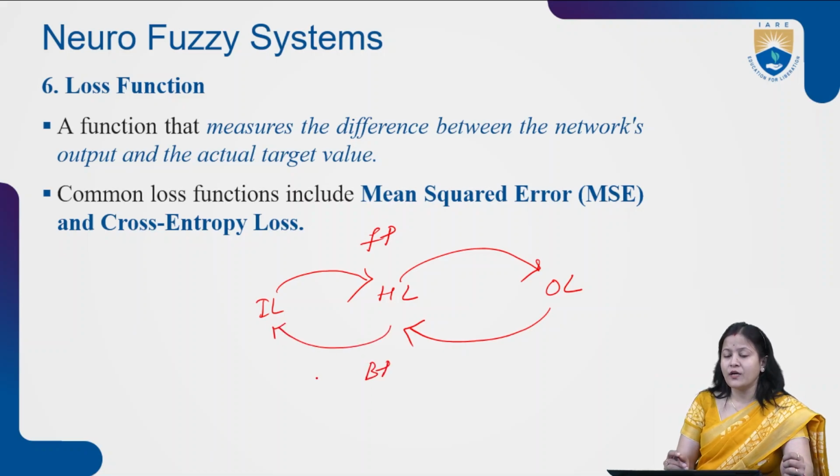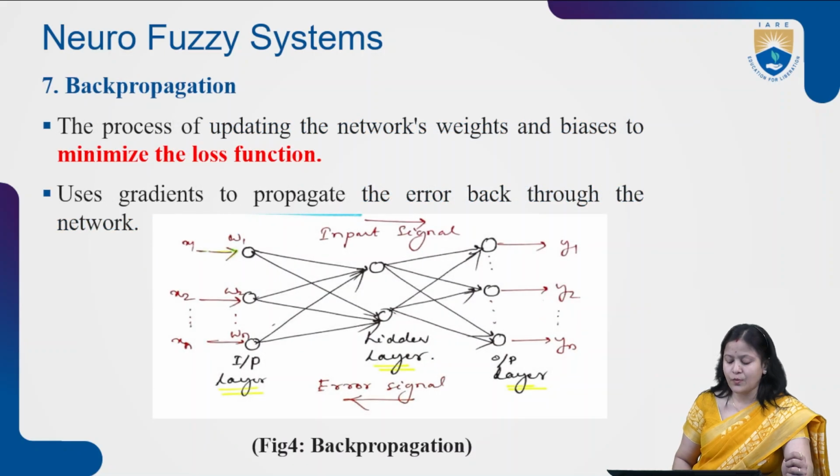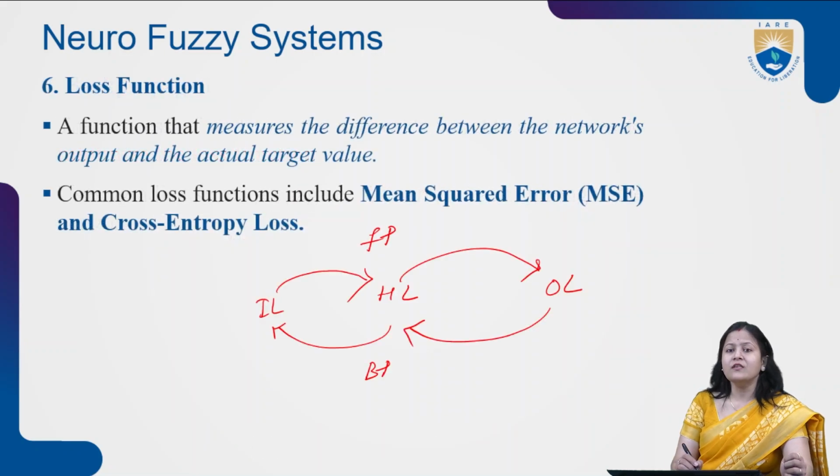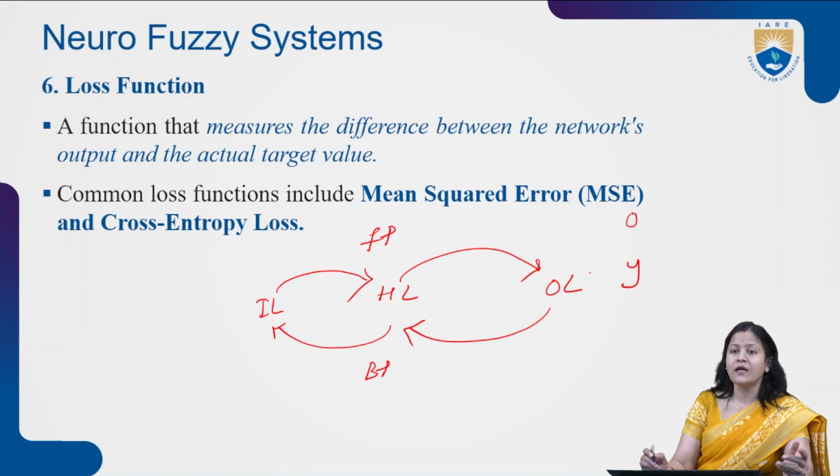Whenever backward propagation happens, the next concept I will explain is the meaning of backward propagation. Suppose the output which is generated is y and our targeted output is o, and this value does not match, and more variation is there.